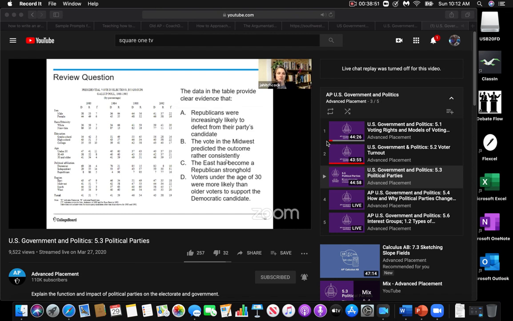Okay, got to look at the Republican Party. How did they do? B, the vote in the Midwest predicted the outcome rather consistently. So I got to look at regional stuff. C, the East has become a Republican stronghold. Okay, regional stuff. D, voters under the age of 30 were more likely than older voters to support the Democratic candidate.